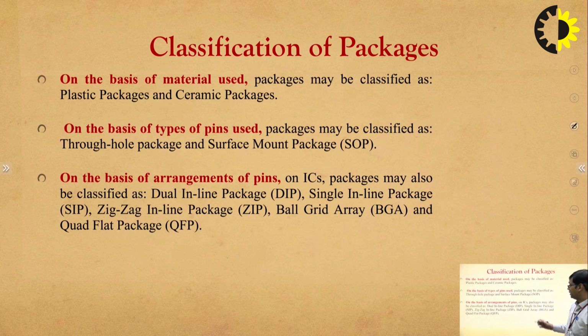Then the classification of package on the basis of arrangement of pins: the packages may be classified as dual inline package, single inline package, zigzag inline package, ball grid array and quad flat package. So, these are some of the commonly used packages on the basis of arrangement of pins.